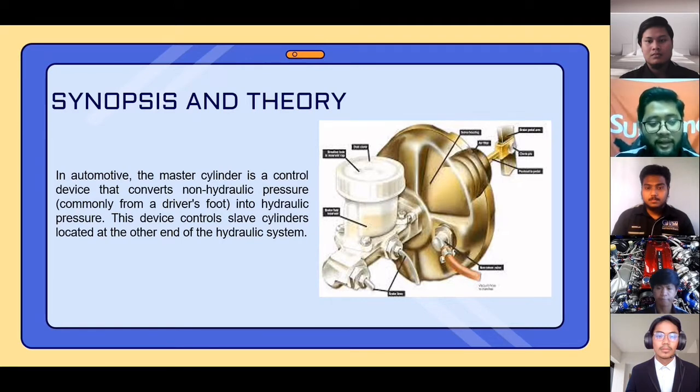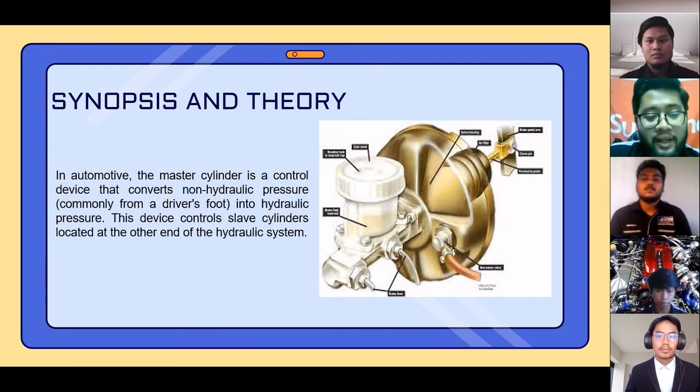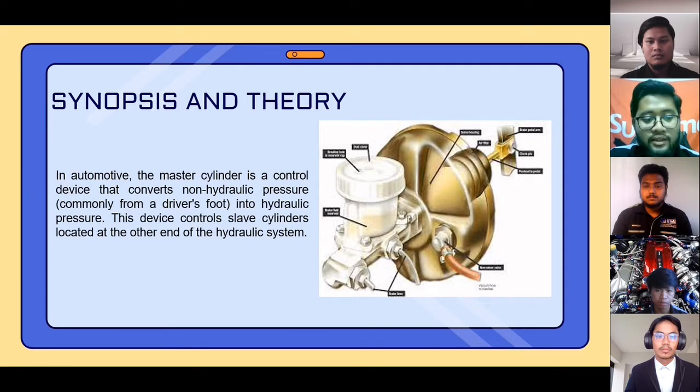The main part is the brake booster, and a reservoir above the master cylinder supplies it with enough brake fluid to avoid air from entering. Some master cylinders have a built-in fluid level sensor in the reservoir. The sensor turns on a warning light in the instrument panel when brake fluid is low. That's all for the theory and the synopsis.